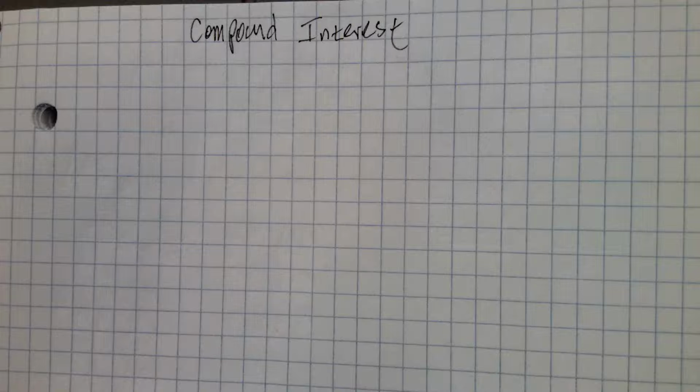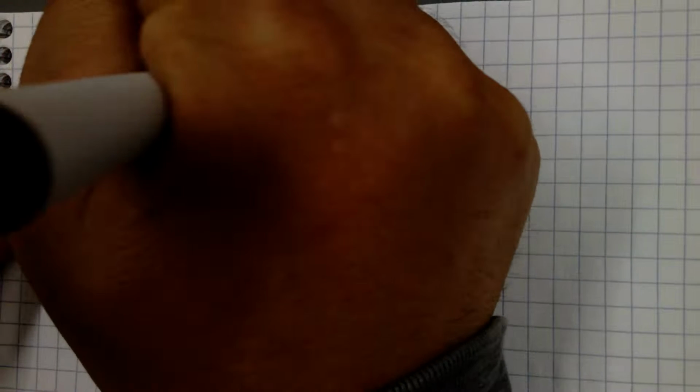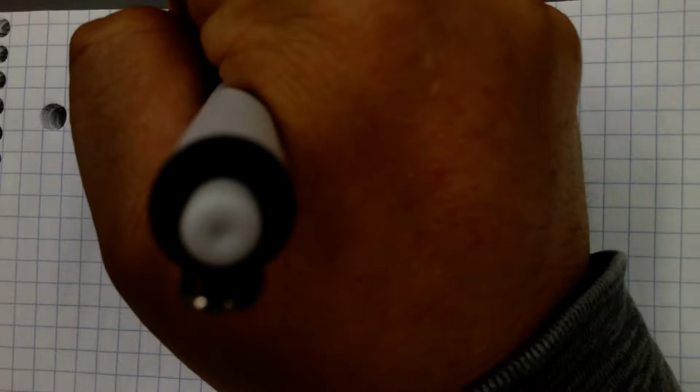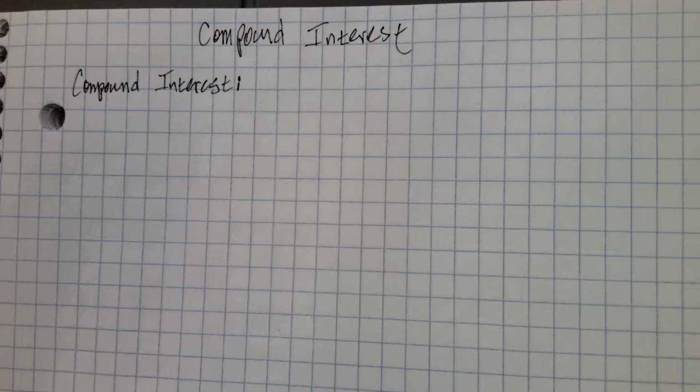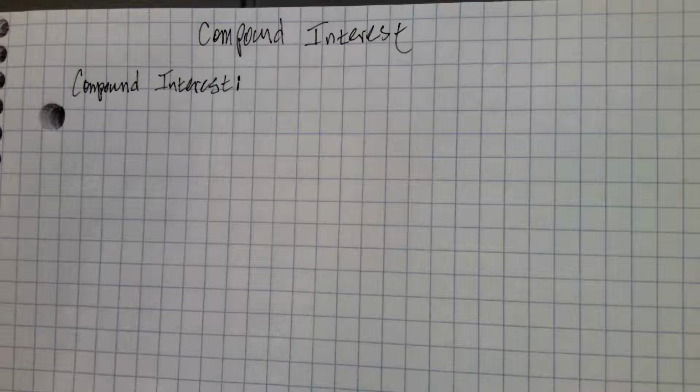Okay, so first of all, let's write down what compound interest is. And just as a side note, next school year, when you're in Algebra 1, we're going to revisit compound interest when we learn about exponential functions, because that's what this is.